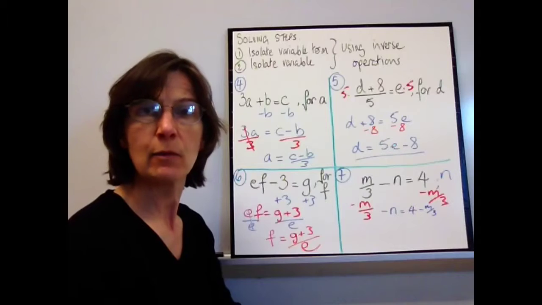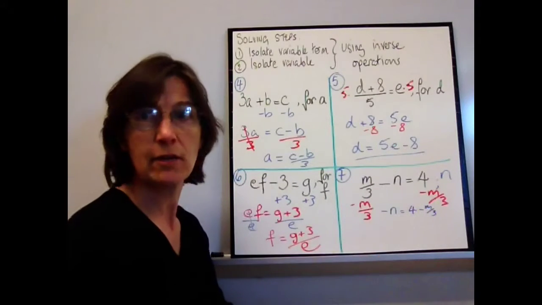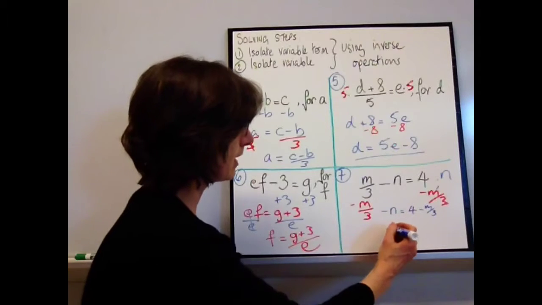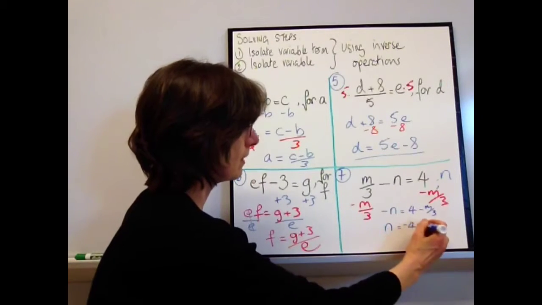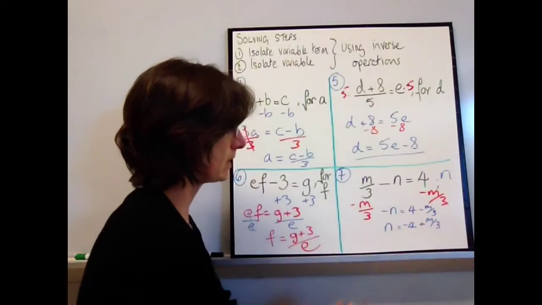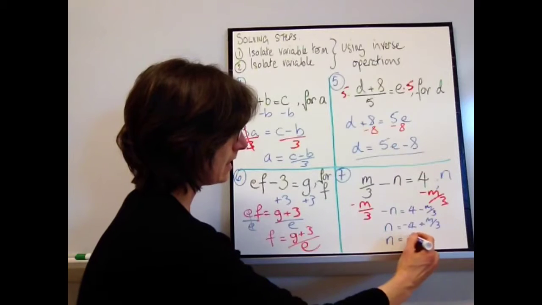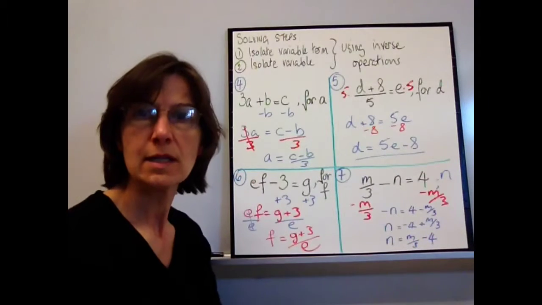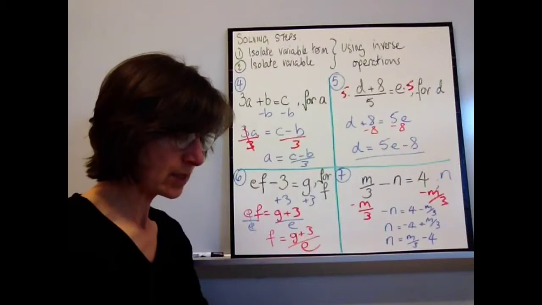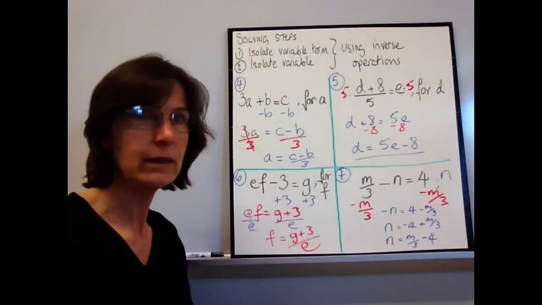So we've got negative n. We need to solve for positive n. So we've learned that we can just change the sign of every term. So we will have that positive n equals negative 4 plus m over 3. And in some cases we might rewrite that as m over 3 minus 4. Same thing.